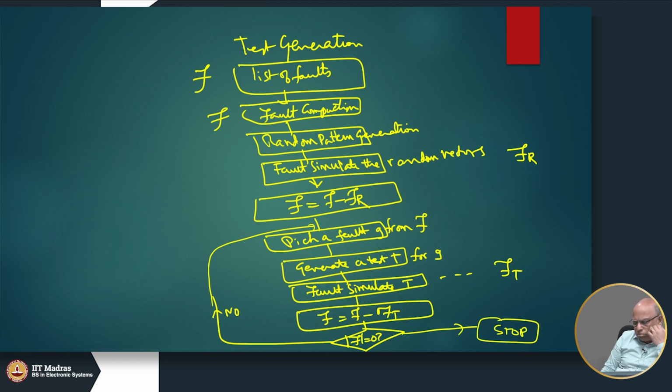but based on what I just told you, right, I may have redundant faults in my circuit, and as a result, unfortunately, I may not have a situation where the list will become 0, right. I may have untestable faults. So, there could be untestable faults, okay, due to which I can never bring down the list F to 0.